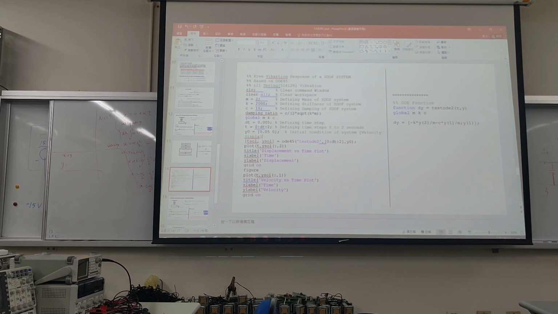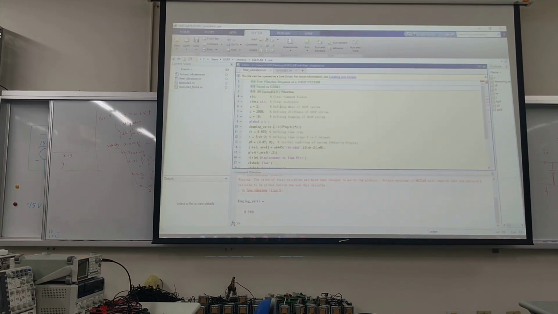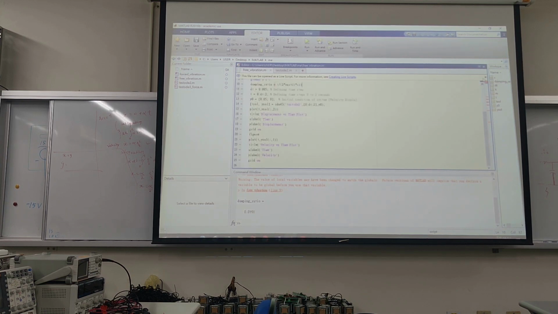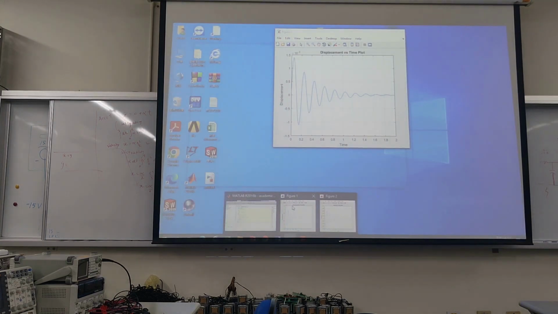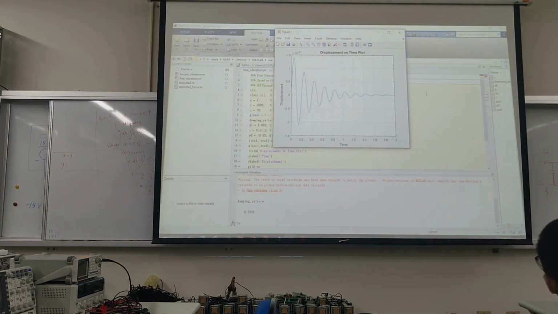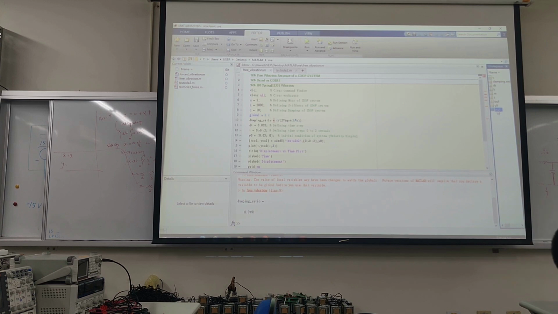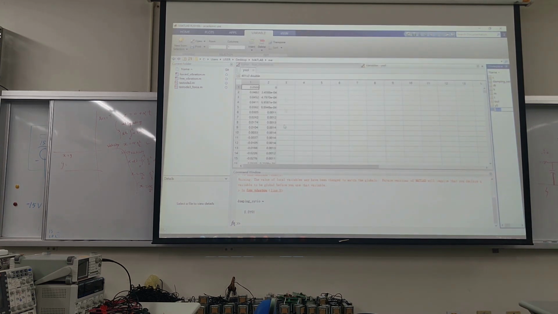So now I'm going to run this code. So here you can see the velocity versus time plot and the displacement versus time plot. Similarly, we are getting all the values in terms of a matrix. First one is the velocity, and second is displacement.